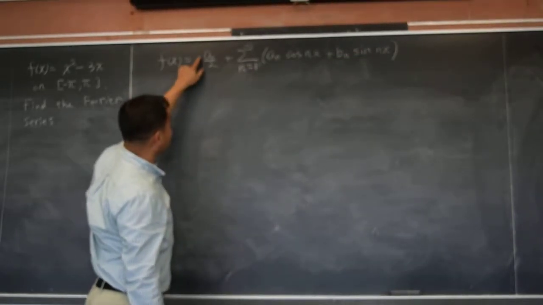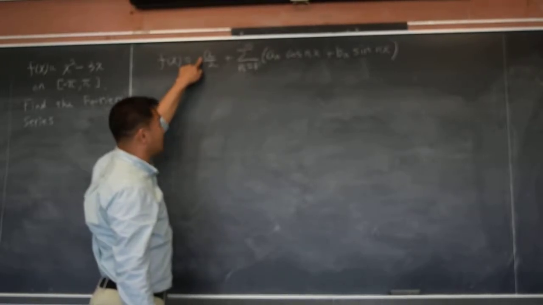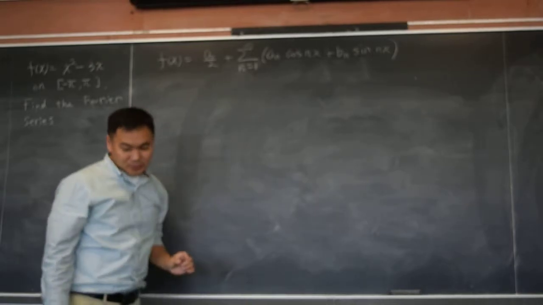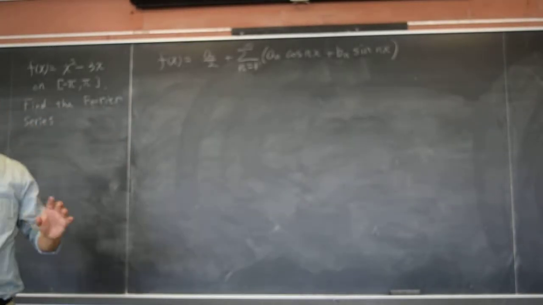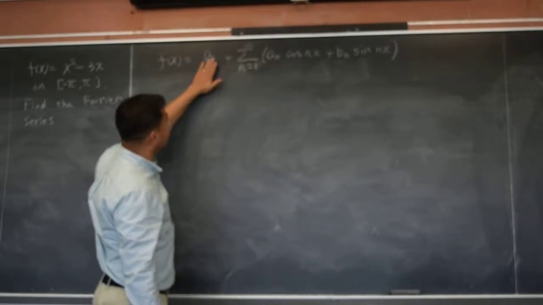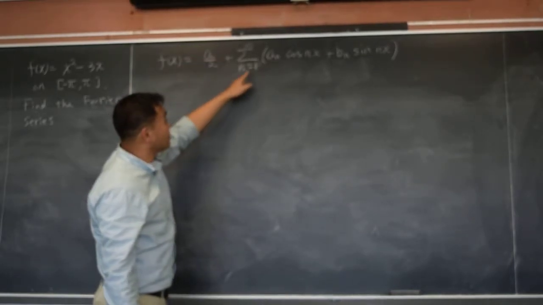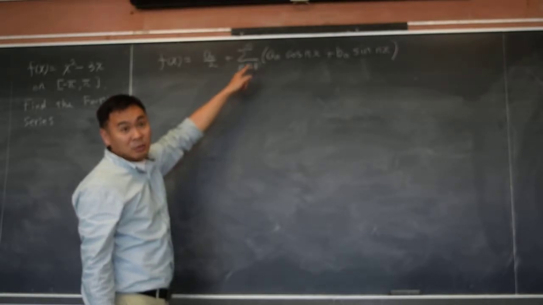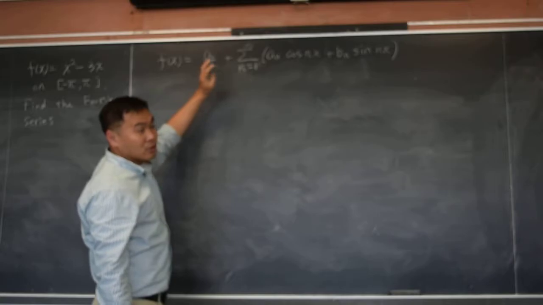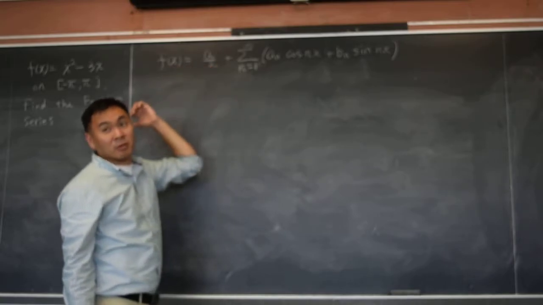And instead, I put the a0 as a separate entity here. However, there's always this debate on which formula to use. Some books have a0 just by itself, exactly what you would have had if n is equal to 0. But then the formula for a0 looks different from the other ones.